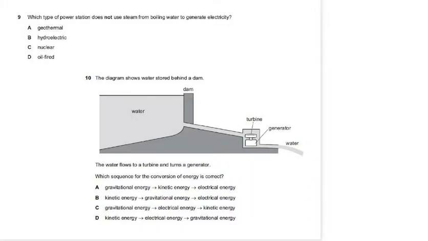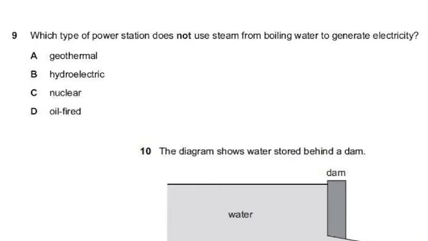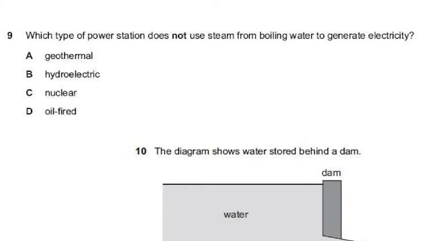Now we've got the opposite question. Which of these power stations does not use steam from boiling water to generate electricity? This is, by the way, the most common way for a power plant to produce electricity. You make steam, you boil water, and it spins a turbine. Right? So geothermal uses heat from rocks to produce steam and power a turbine.